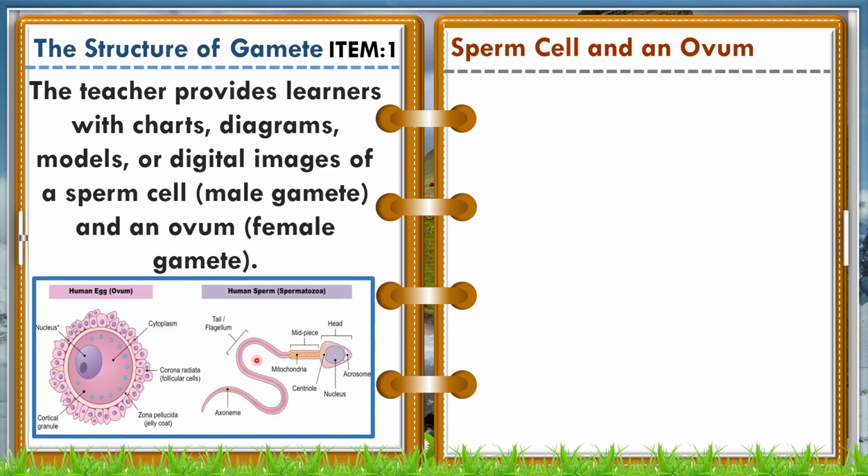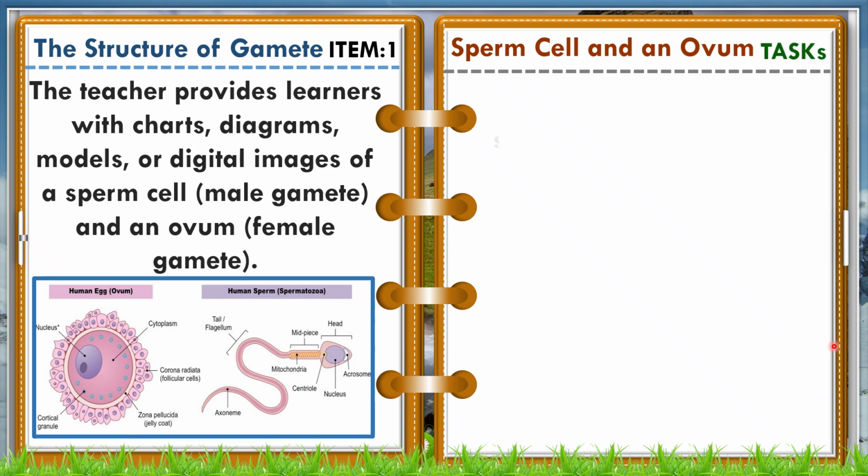Here we have the structure of the male sperm gamete, spermatozoa, and here we have the female gamete, which is the human egg, ovum.